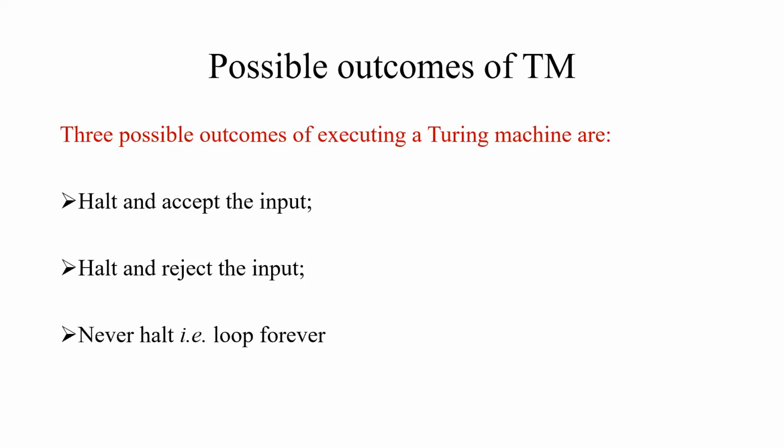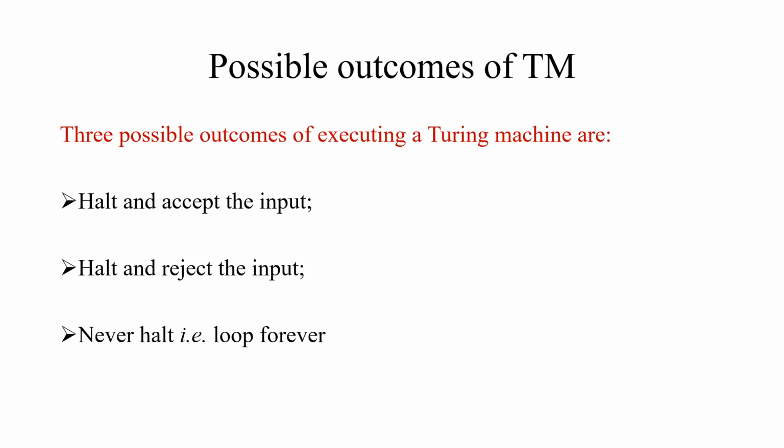So whenever we talk about Turing machines, as I discussed in the first Turing machine lecture also, there are 3 possible outcomes of execution of a Turing machine. It will either halt by accepting the input, that means it will go to the final state, or it will halt by moving to a crash state, which we say means the machine has halted and the input has been rejected.